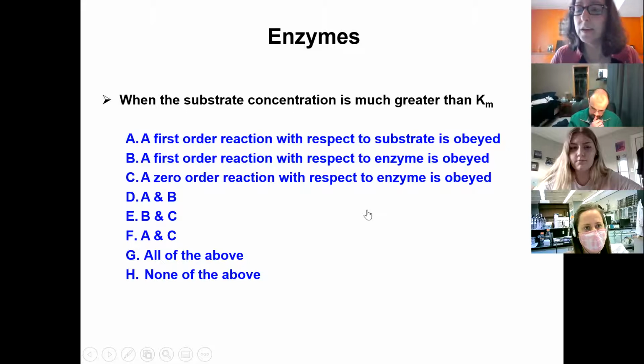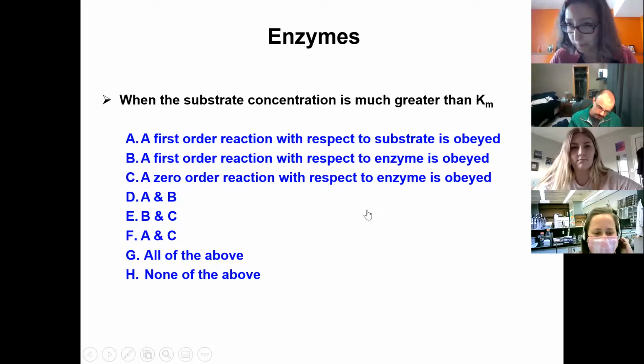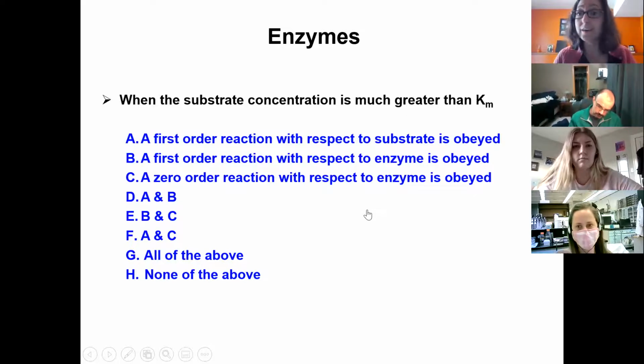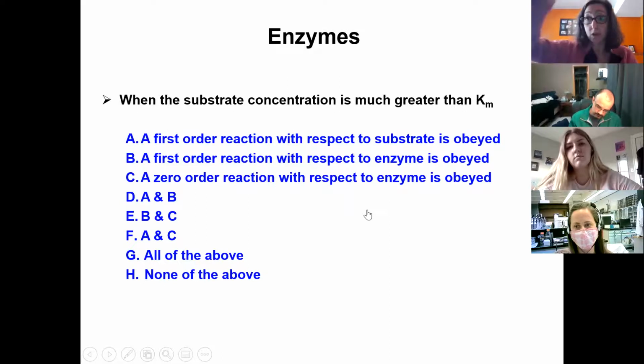I'm glad we're covering kinetics, although you have seen it multiple times in the past, because you guys forgot, and that's okay. I forget too. So it tells us the affinity of the enzyme to the substrate. The lower the Km, the higher the affinity, because at lower substrate concentration, we have half Vmax.